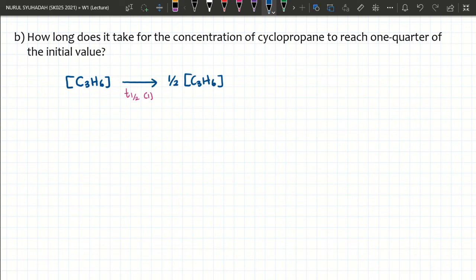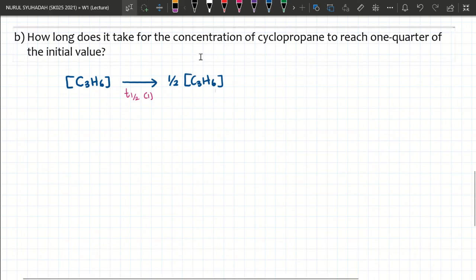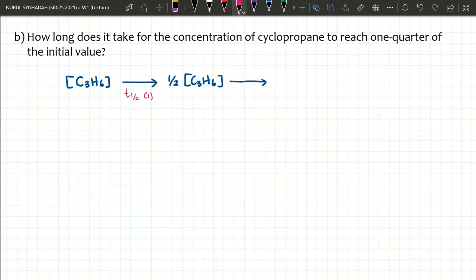What we want is a quarter. How do we get a quarter? By dividing this concentration by another half. 1/2 divided by 2, we get 1/4, meaning it will undergo another half-life. So we will get the second half-life here for us to get 1/4 of the initial concentration.